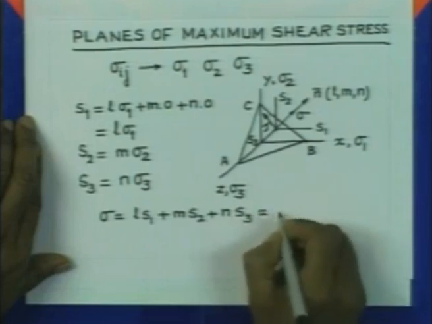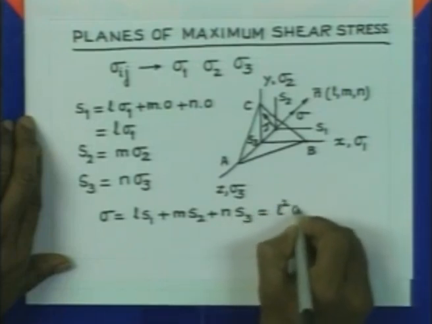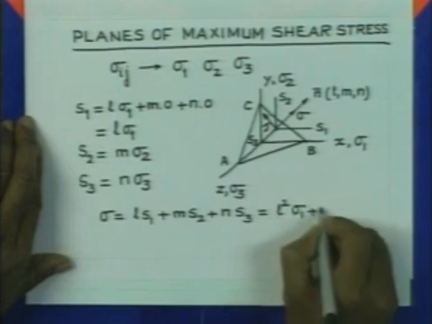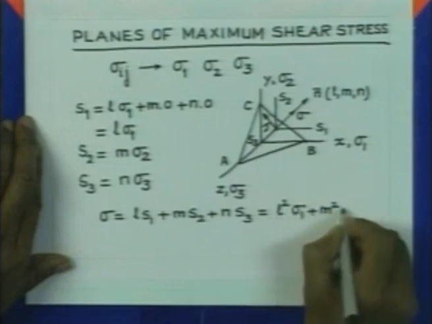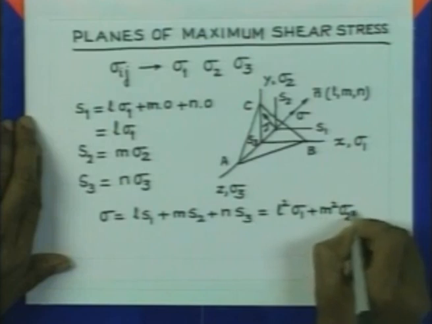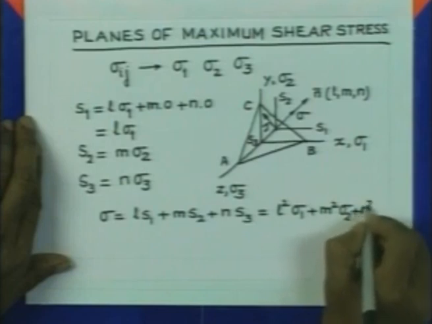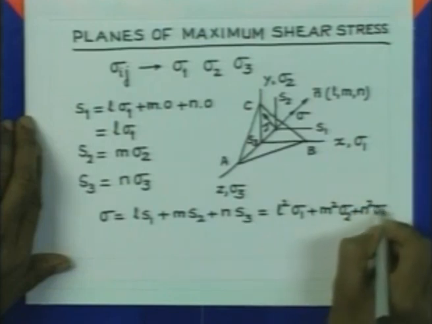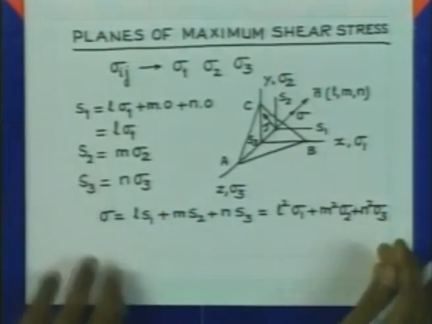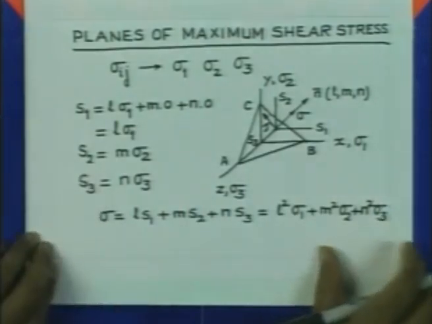Therefore, this gives us L square sigma 1 plus m square sigma 2 plus n square sigma 3. So, this is nothing but the normal stress.